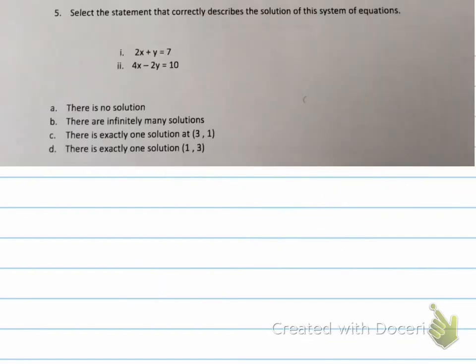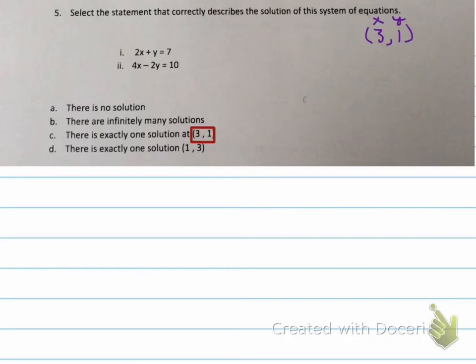Okay. So we want to select the statement of this. One thing we can do is we can take this: 2x plus y equals 7, or 4x minus 2y equals 10. Well, I could take that. That's saying 3, 1. This is my x, this is my y. And I could plug it in and see if it works.